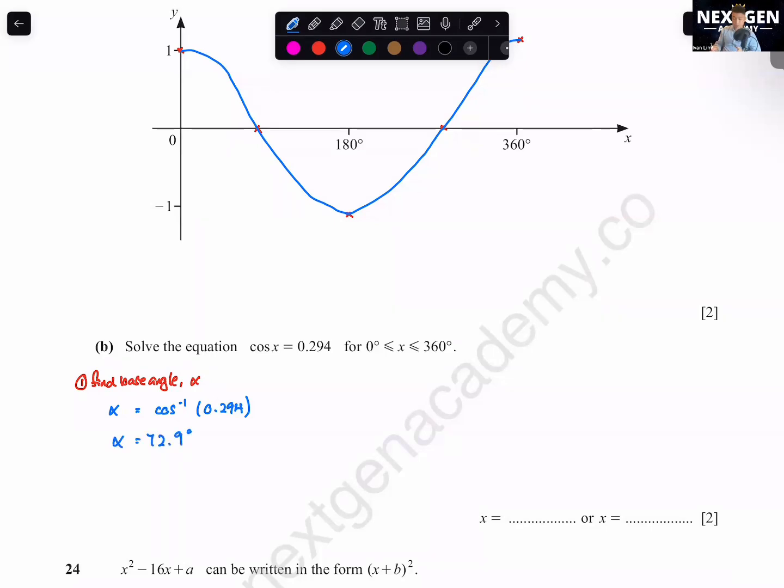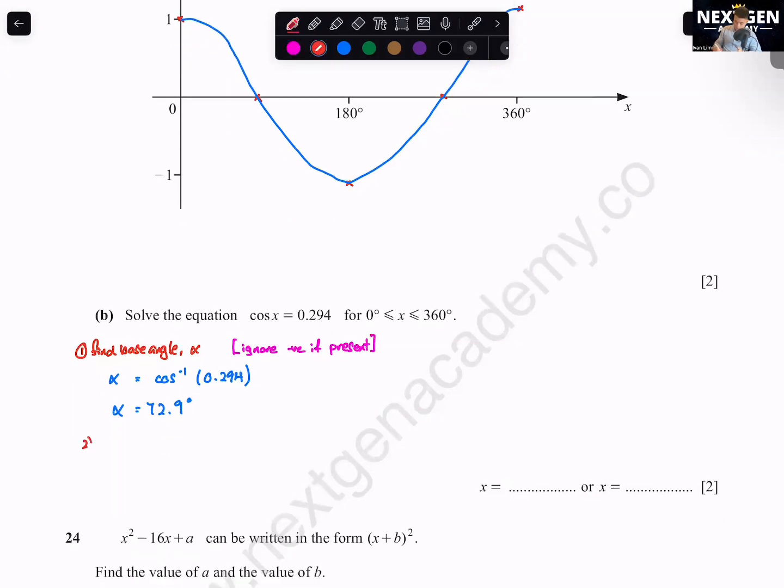In this first step, even if there's a negative, ignore the negative. Type into the calculator without the negative. If you type it with a negative, the answer is already wrong.